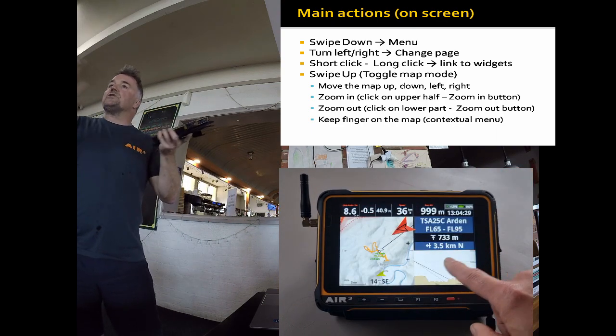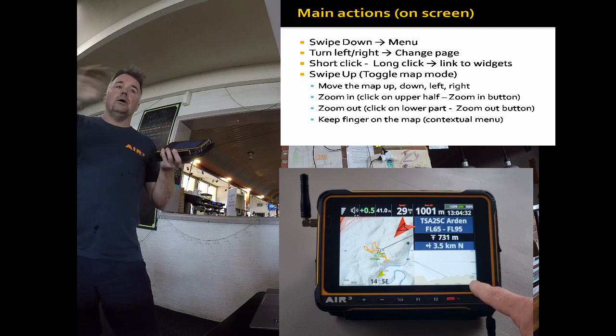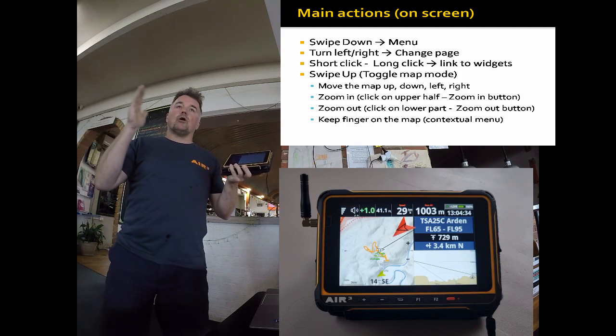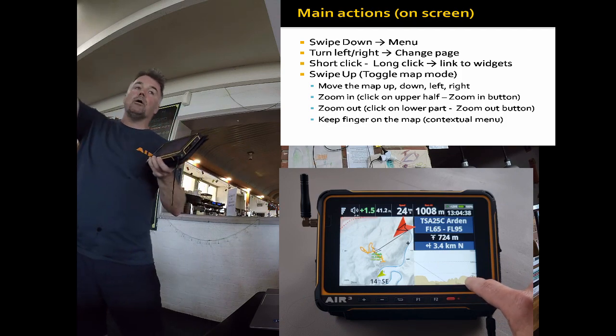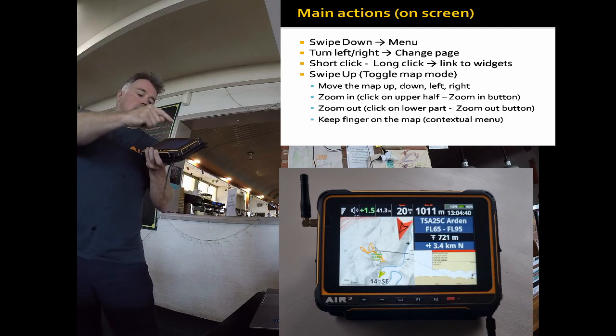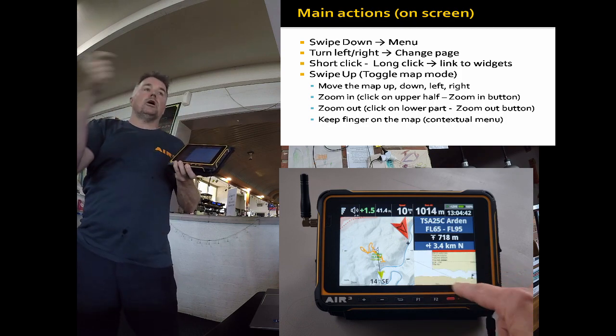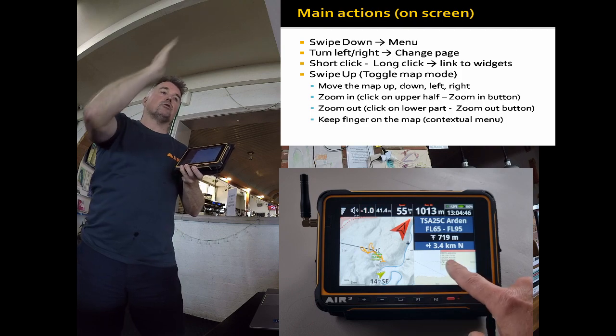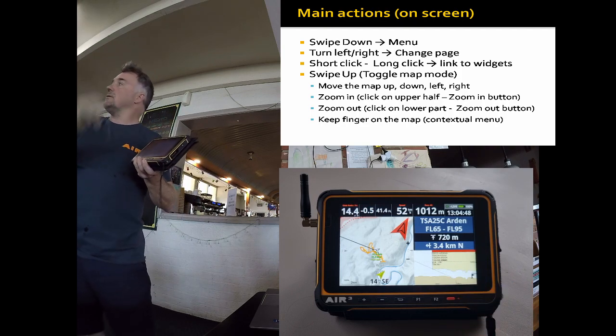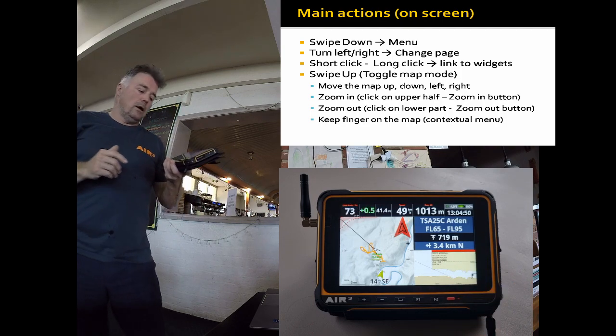If you take one widget that is called the vertical view, you can change the vertical view from the view towards your direction, your bearing, to the view towards the waypoint. But then you need to keep your finger 1 second to switch. That's an example.